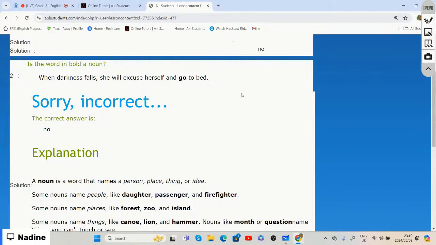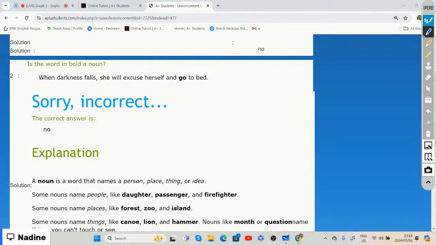All right. So if we look at the word go, it says she will excuse herself and go to bed, right? So we will then say no, it is not a noun.